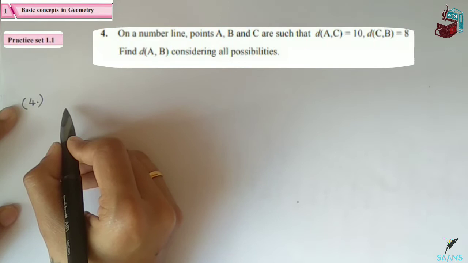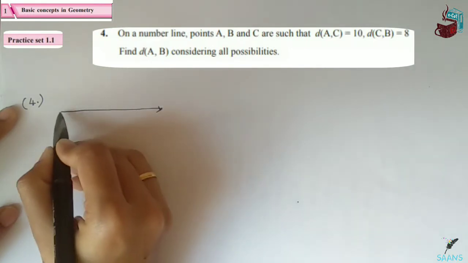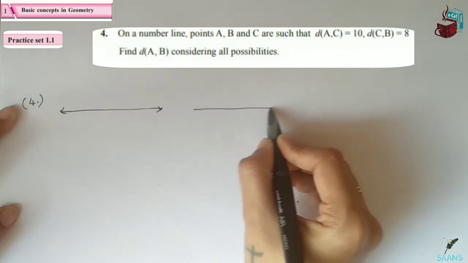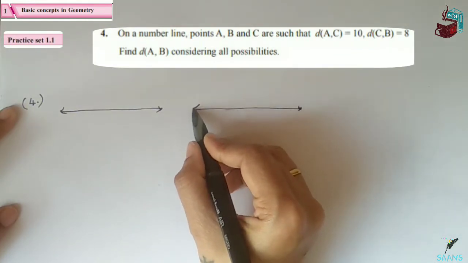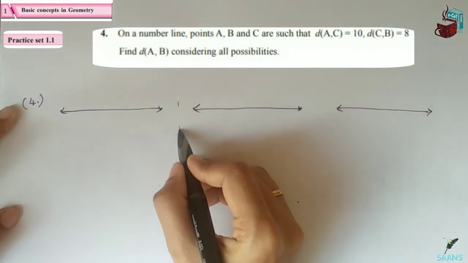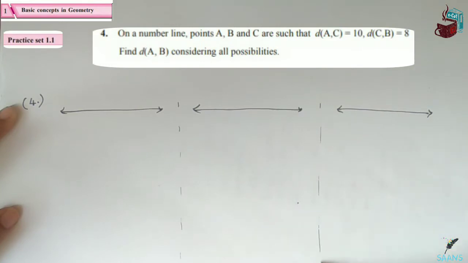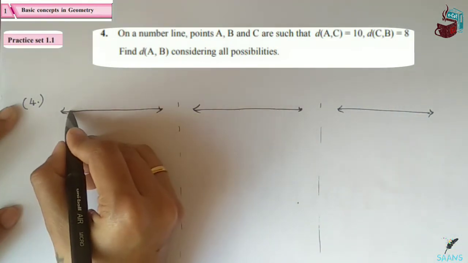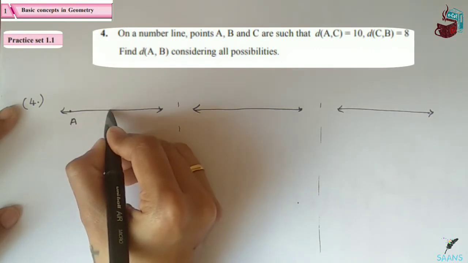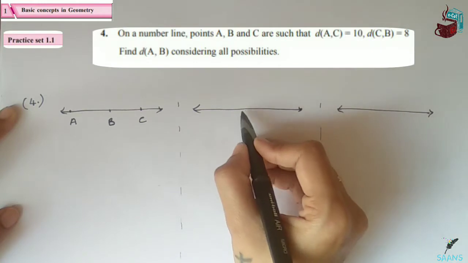We will not write given and solution for this. Let's just solve it directly. There are 3 conditions, so we'll draw 3 lines and I will solve below them. Let's see the first condition, that is points A, B, C. So in the normal condition, first take the order A, B and C. Now let's take C in the middle.